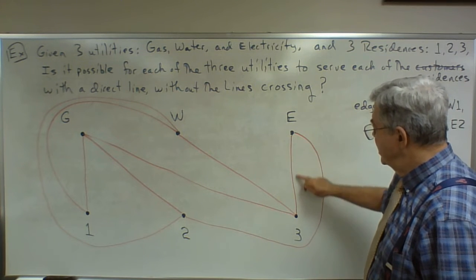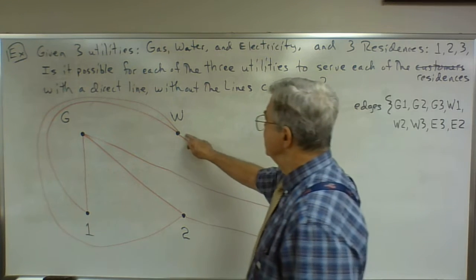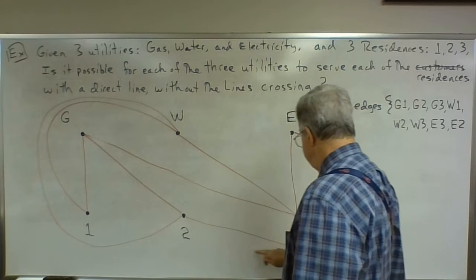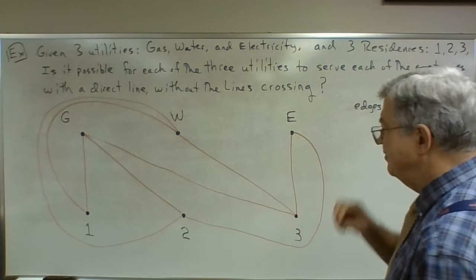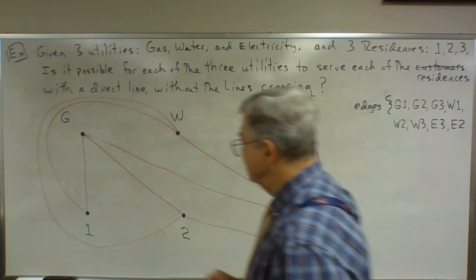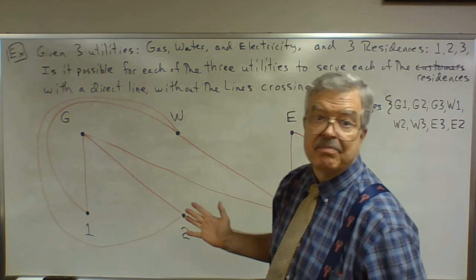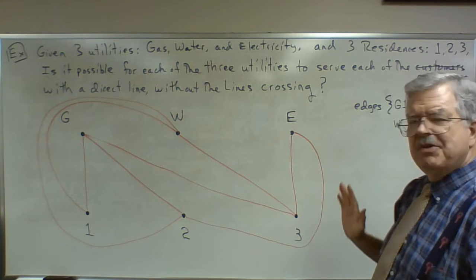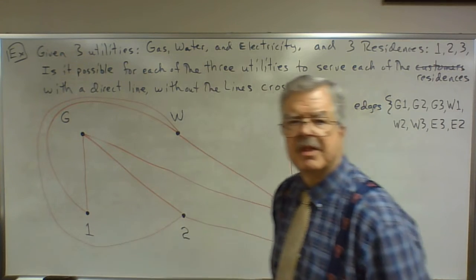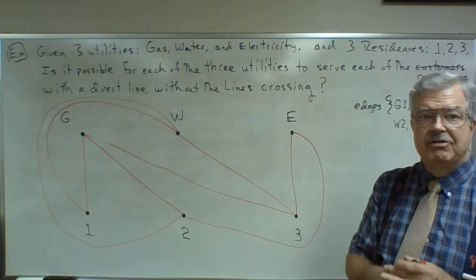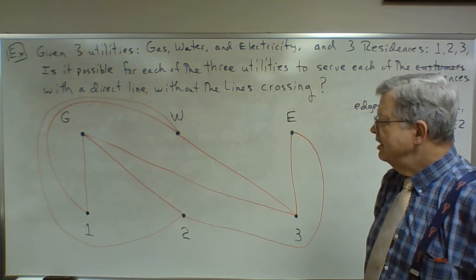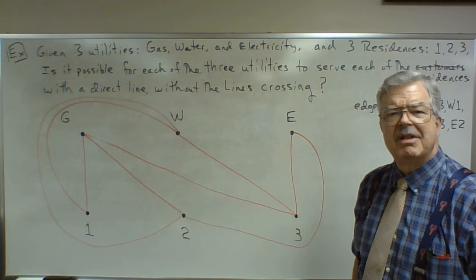If I follow this line to here, and then to here, and then to here, and all the way back to the power company, I have a circle that completely surrounds resident 1. It doesn't look like the way I've drawn things I can get from the power company to resident 1 without crossing one of these other lines. I don't know. What do you think? Maybe I could have made more clever choices as to how I laid out the lines.